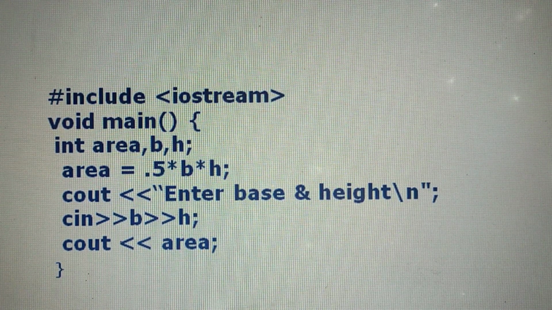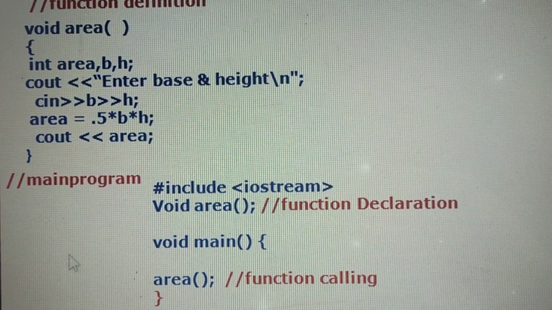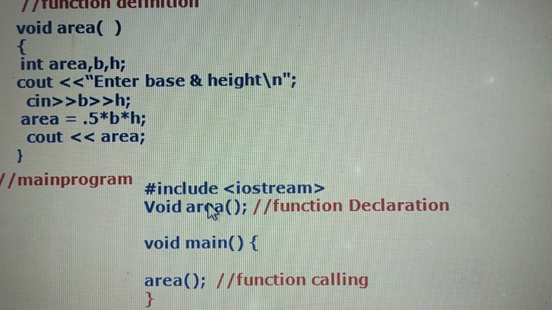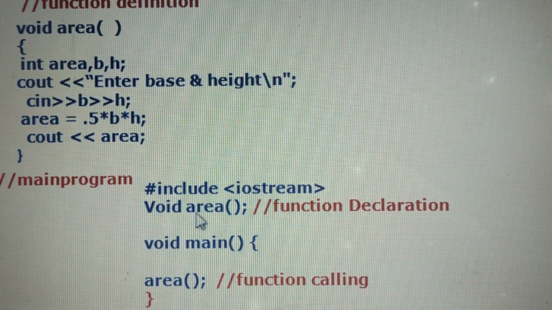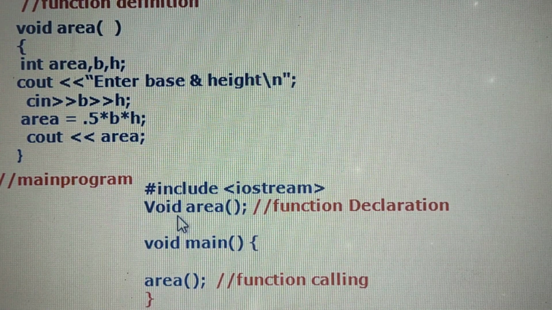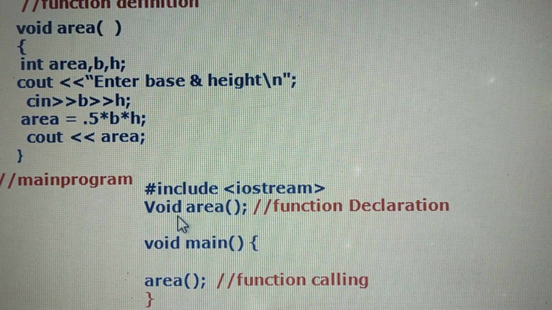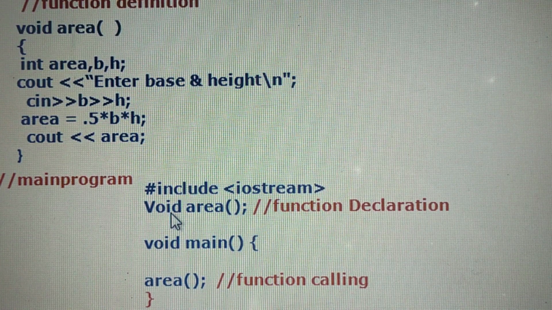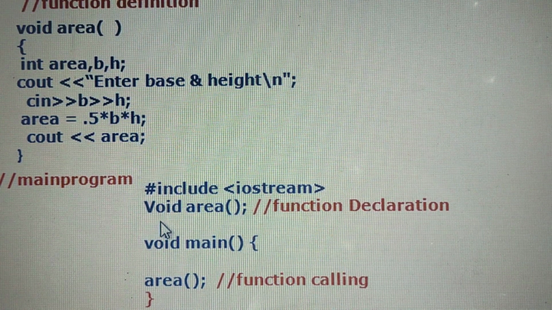Now see how to declare functions. In the main program, we have to declare the function: the data type with the function name. Here, void area. This is a simple function declaration. Last class we learned how to use this declaration. Generally the return type is int, but here we use void, because the function is not returning anything.